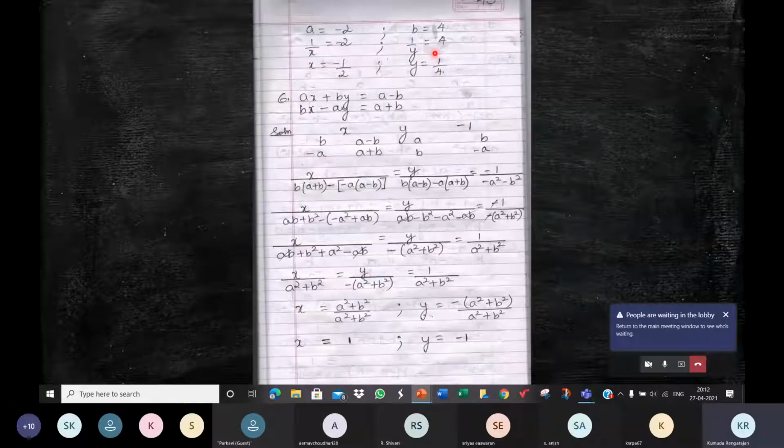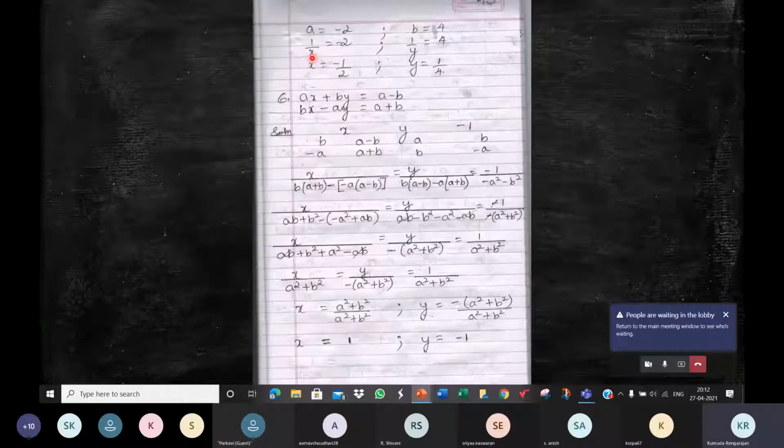So by taking reciprocals on both the sides, the reciprocal of minus 2 by 1 is minus 1 by 2. Or you can cross multiply and get the value of x and y. So the value of x is minus 1 by 2 and the value of y is 1 by 4.